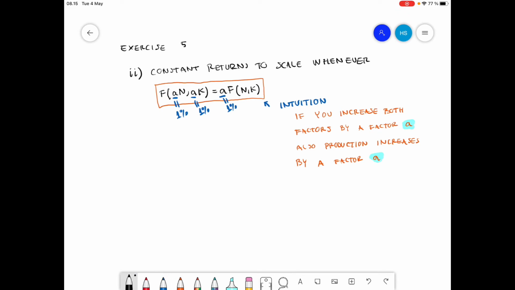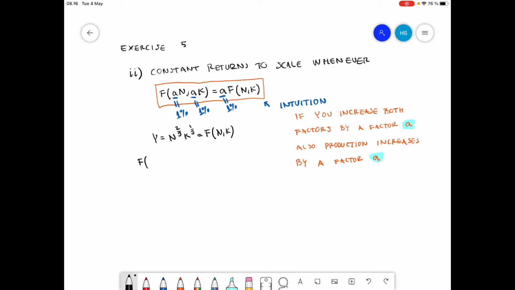So let's see if this holds for our production function. Our production function says that y is equal to n to the power of 2/3 times k to the power of 1/3. That is our production function f, which depends on the amount of labor and capital that we have in our production facility. So if the production function exhibits constant returns to scale, how do I test it?